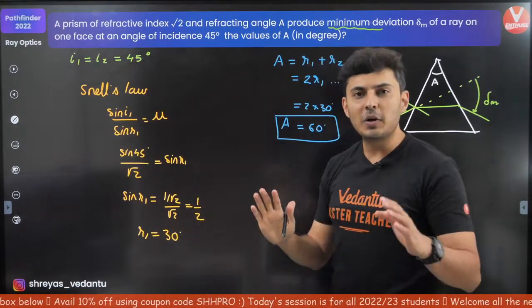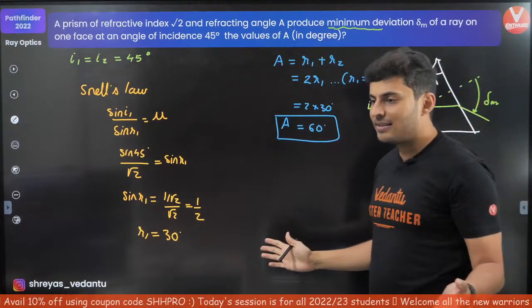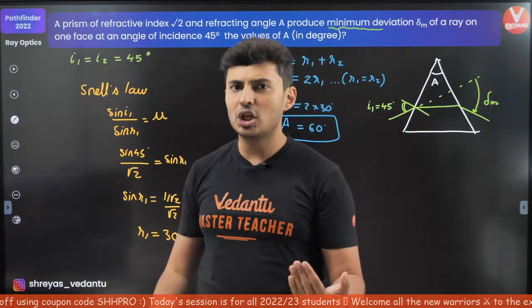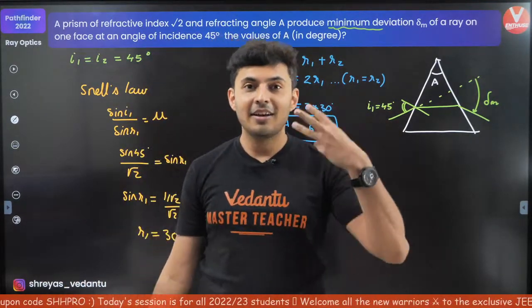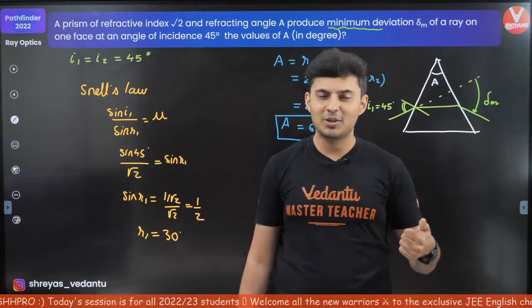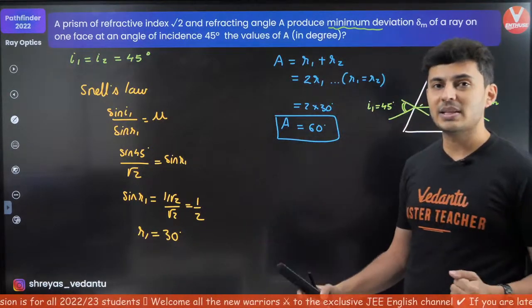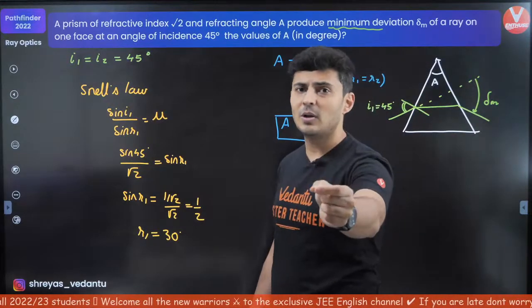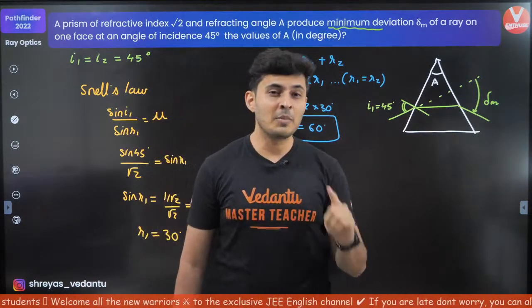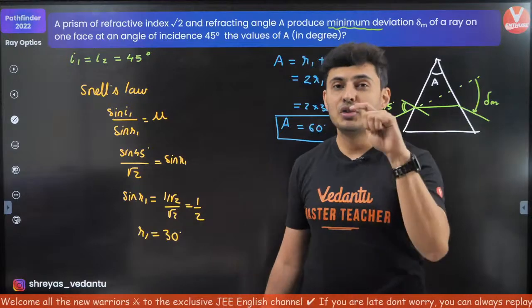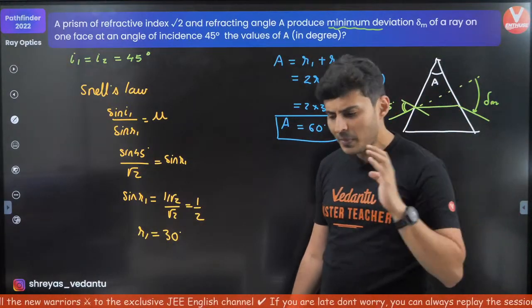What are you noticing in all these questions? Isn't it just an extension of Snell's law, geometry, trigonometry? If you are good at geometry, trigonometry, that's it. You will find ray optics easy. And at the start of ray optics, I also mentioned many books call this chapter geometrical optics. Reason?